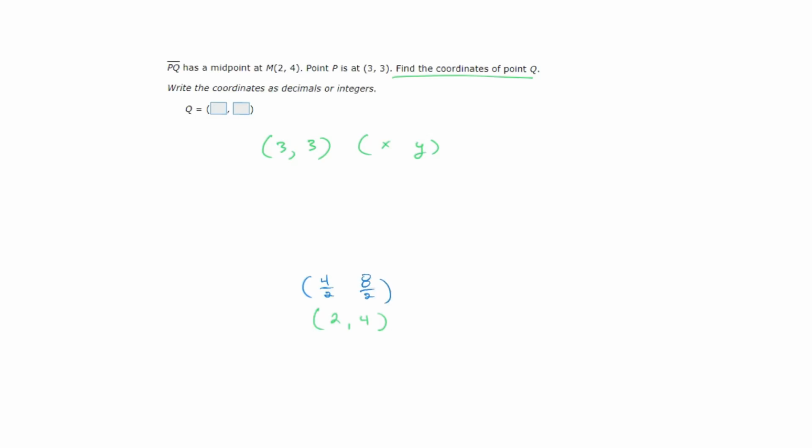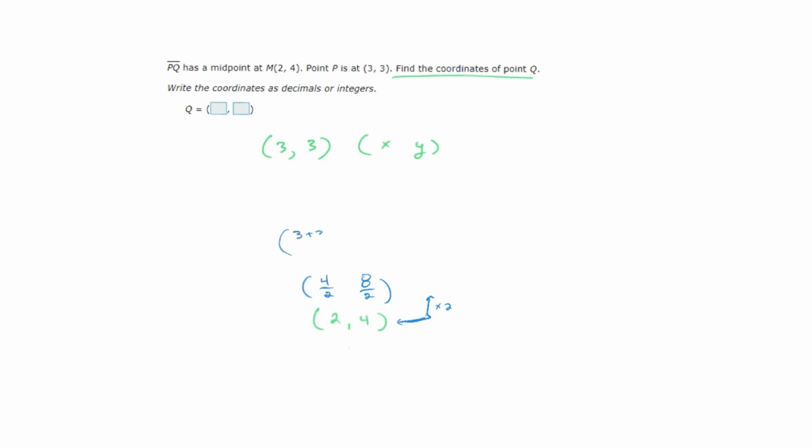So we know that when you add your x's and add your y's, you end up dividing by 2 and getting the final midpoint. So we're going to go backwards, and since we divided by 2, we're multiplying by 2 here.